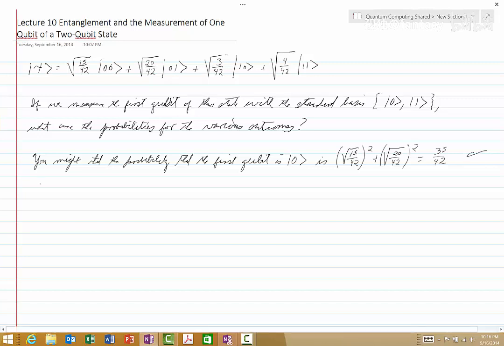And likewise, you might guess that the probability that the first qubit is 1 is square root of 3 over 42 squared plus the square root of 4 over 42 squared, which would be 3 over 42 plus 4 over 42, or 7 over 42.